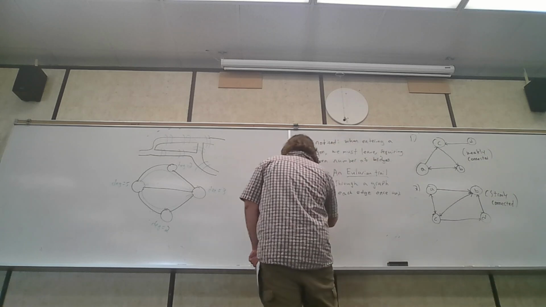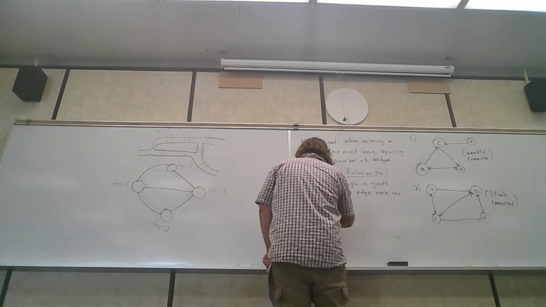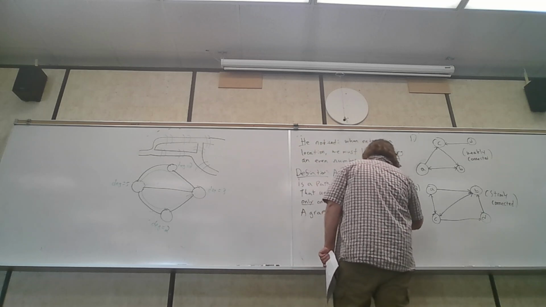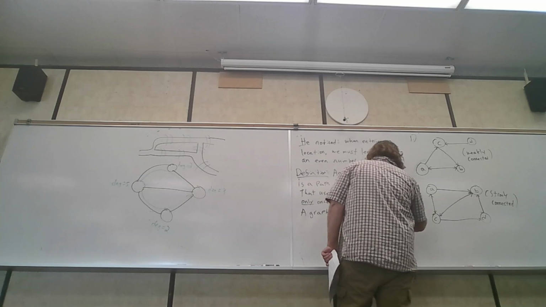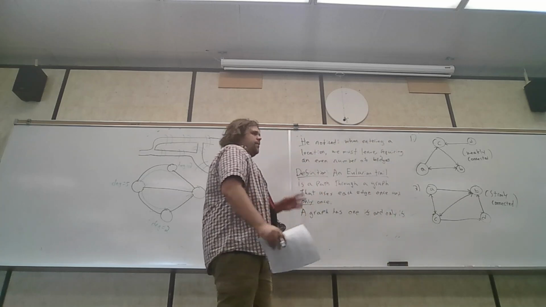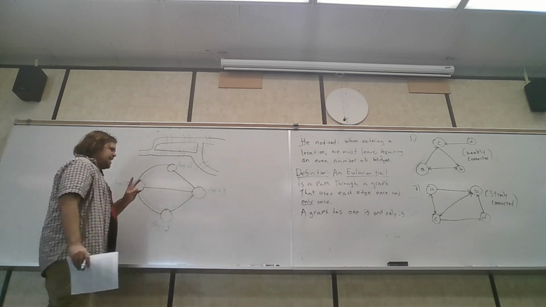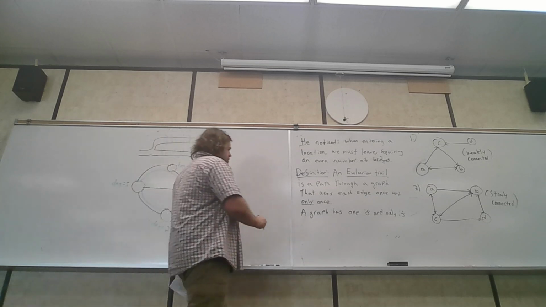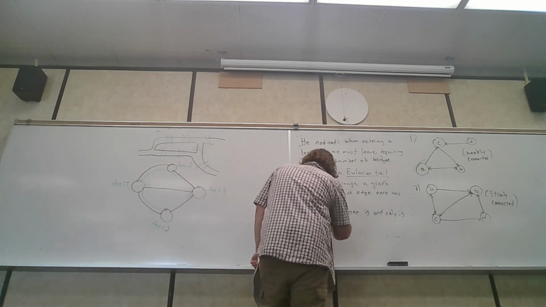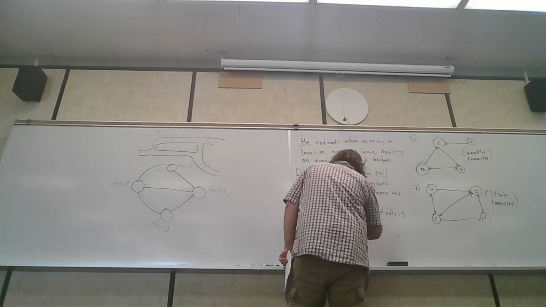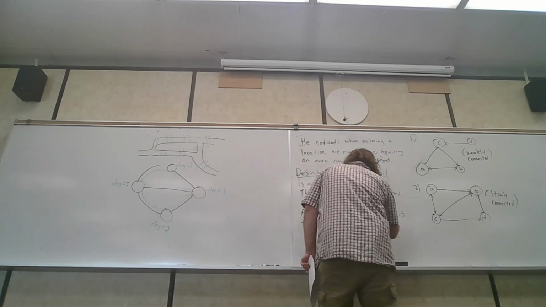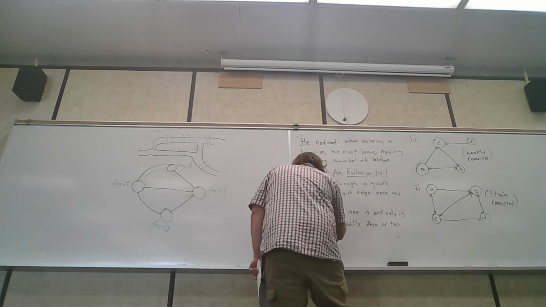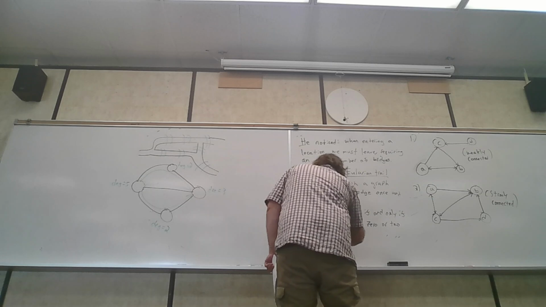So a graph has one if and only if there are exactly 0 or 2 vertices of odd degree.